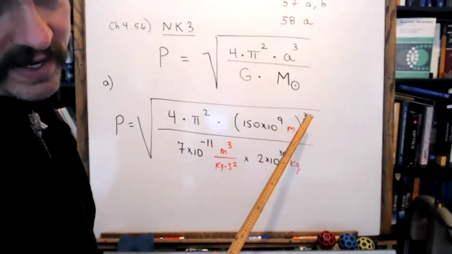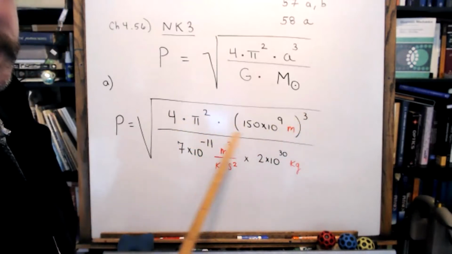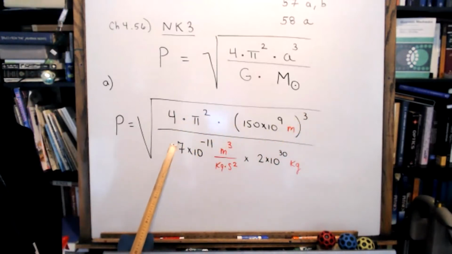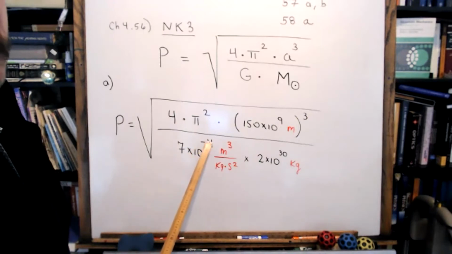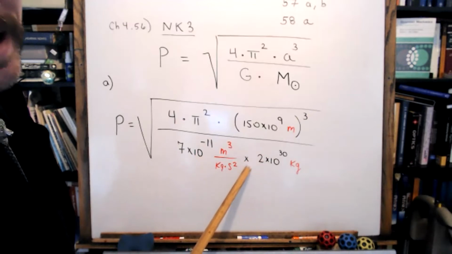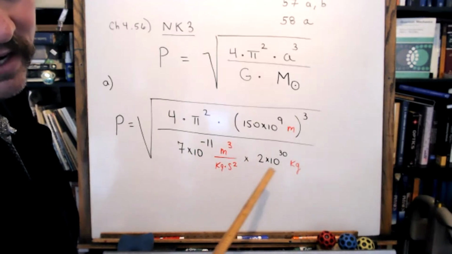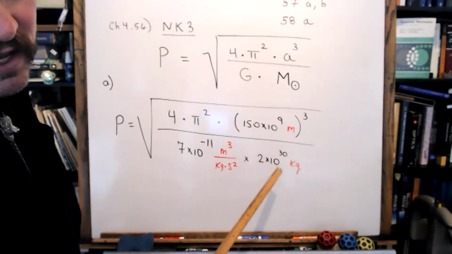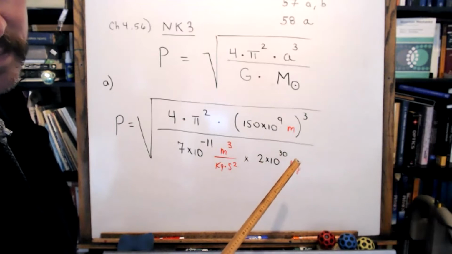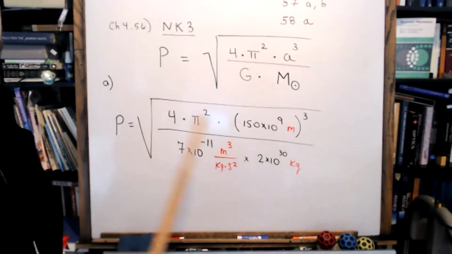Then I'm going to cube it. Now listen carefully. Then I'm going to divide by big G, 7 exp minus 11. But when I get to this step, I'm not going to hit times. I'm going to hit divide again so that the calculator knows the 2 exp30 is also on the bottom. Then I'm going to hit equals, and then we're going to square root at the end.